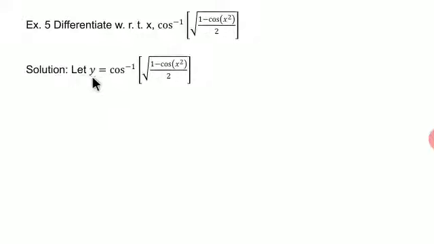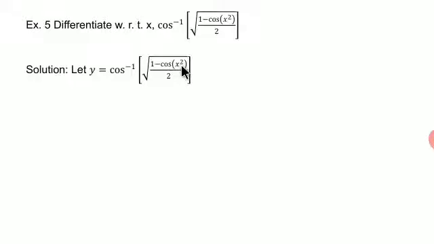Example 5. Differentiate with respect to x cos inverse of square root of 1 minus cos x square upon 2. Let the given function be y. Now here in the bracket we apply the 1 minus cos 2 theta formula. Using the cos 2 theta formula, we know 1 minus cos 2 theta is 2 sin square theta, which means the angle becomes half.